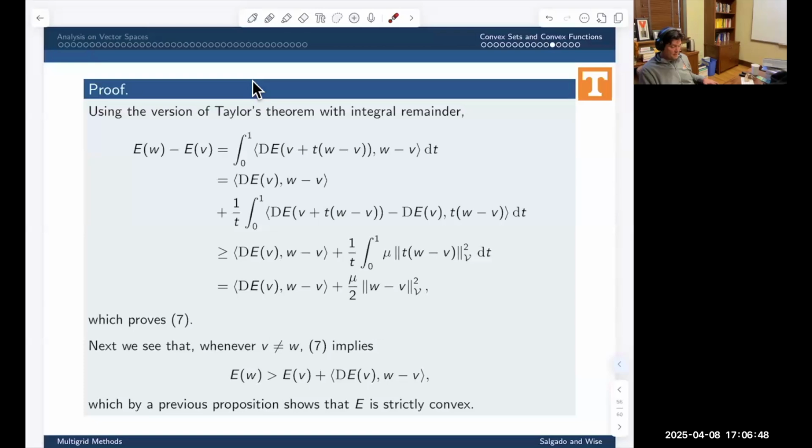I think the T needs to be inside of here. So it doesn't seem to make sense if it's outside, right?